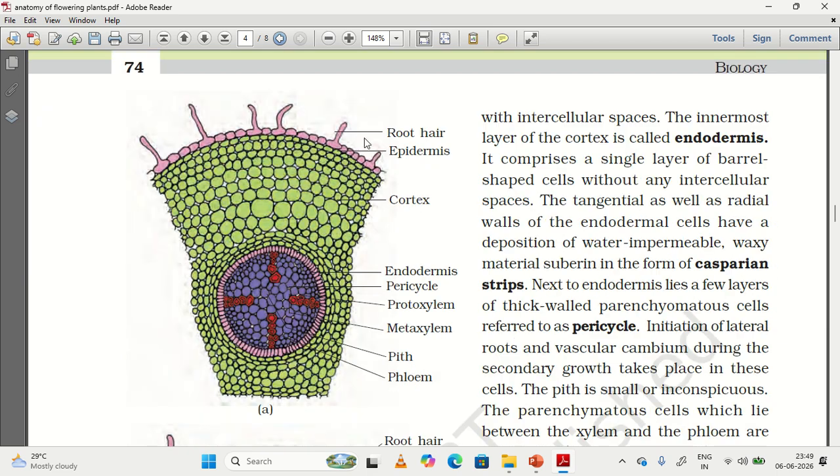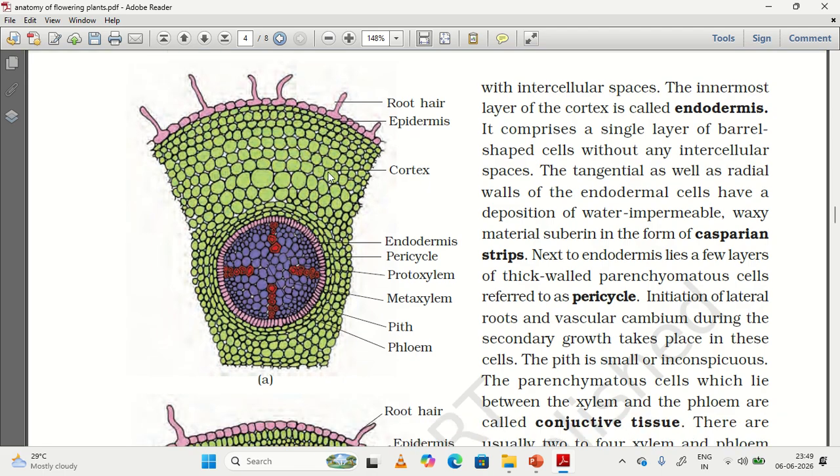So you have the epidermis, which is the outermost layer. After the epidermis, you will have the cortex. See, in the epidermis, there are no intercellular spaces. It is made up of parenchymatous cells, whereas the layer after the epidermis, the cortex, has intercellular spaces in between. Okay, it is thin-walled.